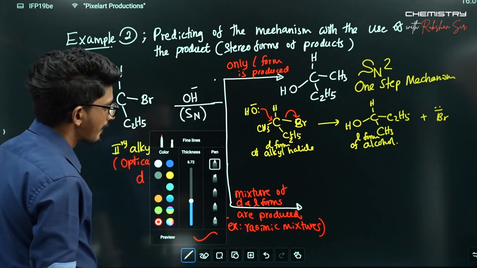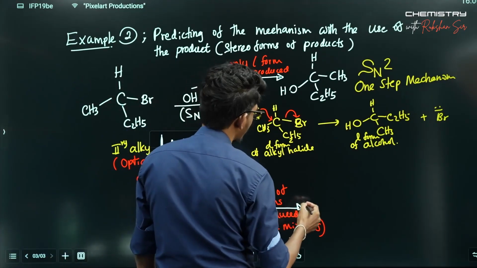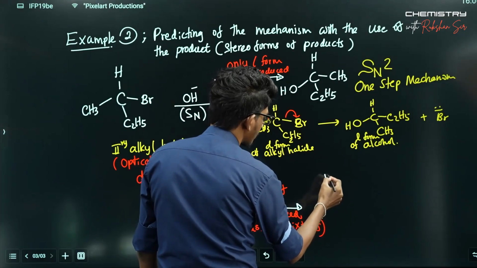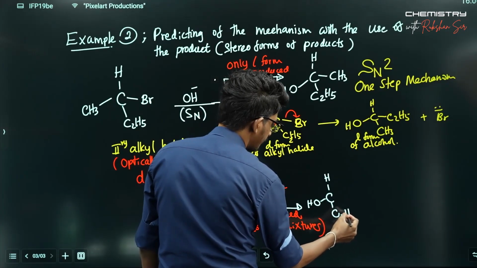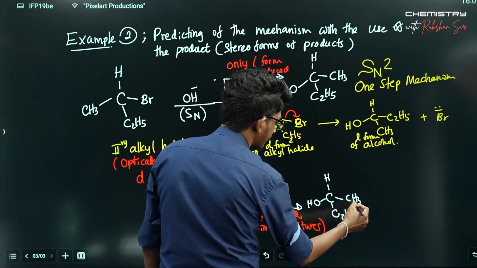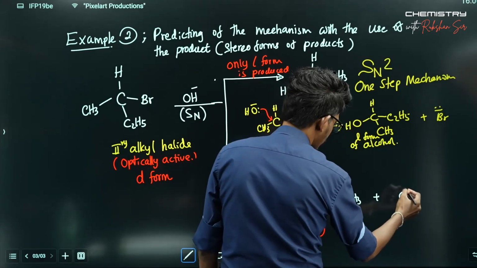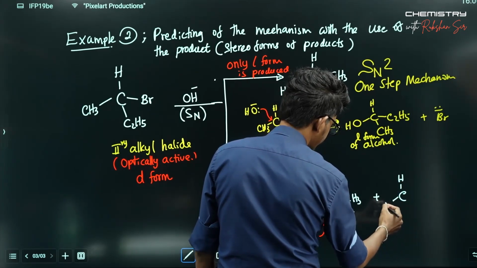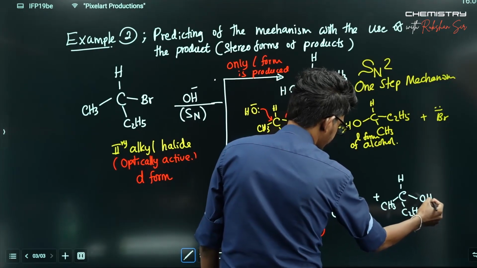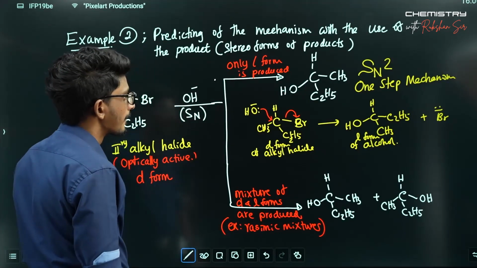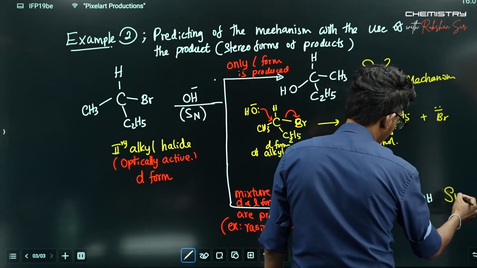So it means if you are coming up with this kind, the L form as well as the D form like this, then definitely it should be due to the two-step mechanism, the carbocation mechanism, SN1.